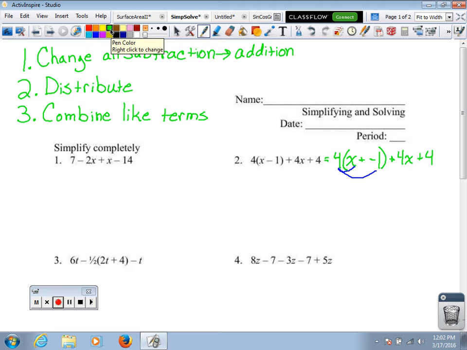Multiply the number outside the parentheses, the coefficient, by each term inside the parentheses. So, I'll have 4 times x. I'll bring down that plus sign, and I'll have 4 times negative 1. Now, because we didn't do anything with 4x and the plus 4, we'll bring that stuff right down.